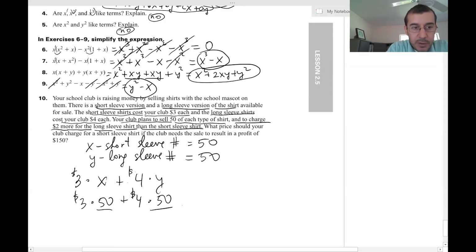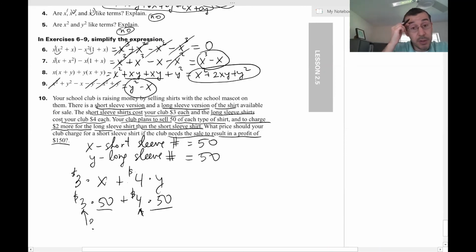So it charges $2 more for the long sleeve. Okay, so what price should your club charge for a short sleeve shirt, if the club needs the sale to result in a profit of $150.